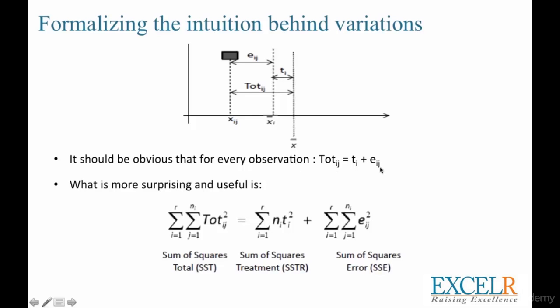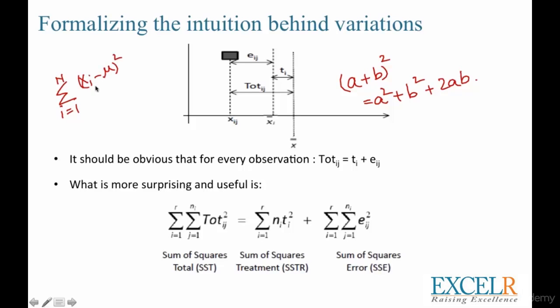And I'm assuming that you guys know A plus B whole square formula. This is equal to A square plus B square plus 2AB. Why do we need to square it on both sides? Because remember the variance formula? Summation of i equal to 1 until n, xi minus mu whole square divided by n.